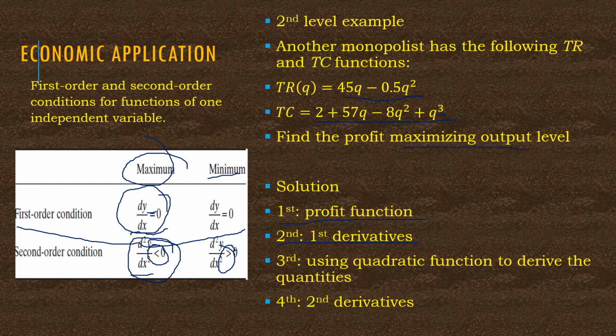And then, of course, the third one is to derive the quadratic function, kasi nasa cubic kayo, automatically ang labas niyan is magiging quadratic yan. Okay, so once you derive the quadratic, nakuha nyo na yung lahat, and then you find the x values. Okay? So with that, the fourth one is to determine or to clarify if it is a maximum or a minimum by looking at the second derivative. Okay, so can you do that? So let's see. Let's do them slowly.